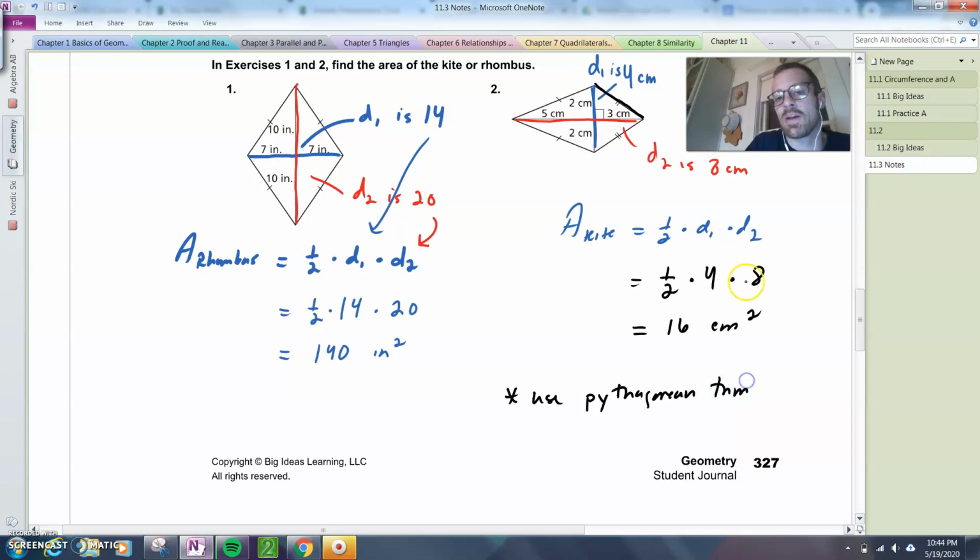So what I mean by that, let's say you didn't know that this was 2. And instead you were given information about this hypotenuse. Well, then you need to figure out that that was 2 by using a squared plus b squared equals c squared. So just be aware of that. It could come up.